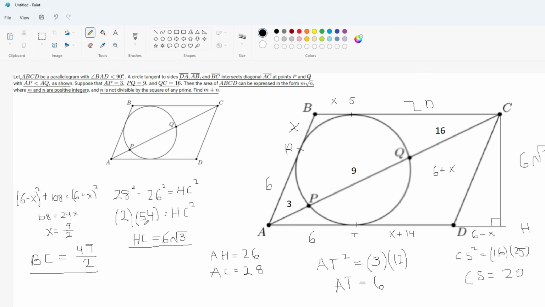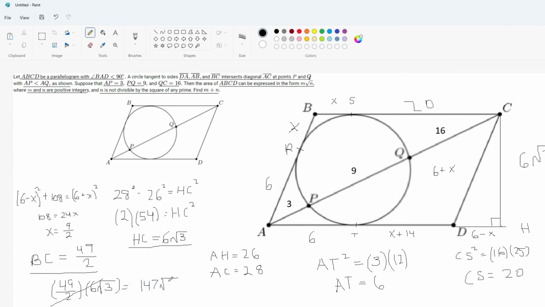So BC times HC becomes 49 by 2 times 6 root 3. The 6 by 2 will cancel out, and it'll be 3 root 3 times 49, which will give us 147 root 3.